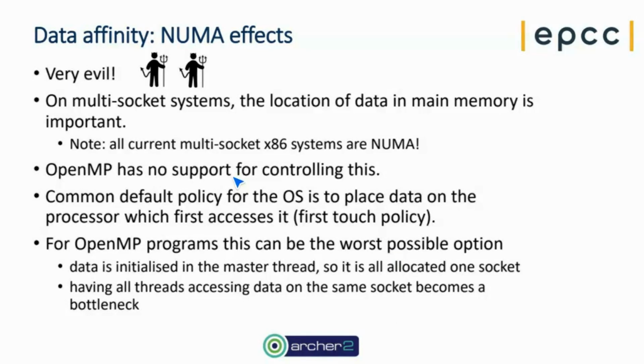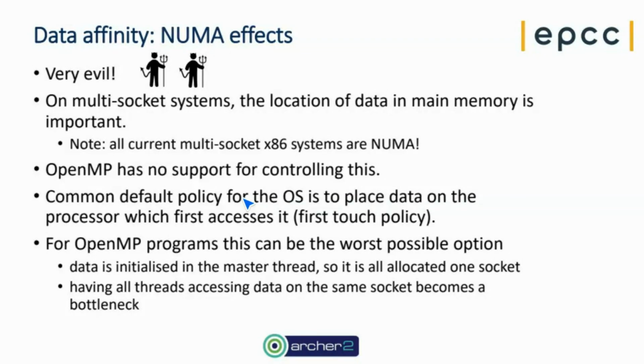The problem here is that the common default policy for the operating system is to place the data on the processor, by which I mean in the NUMA domain, where the first access to it comes from.